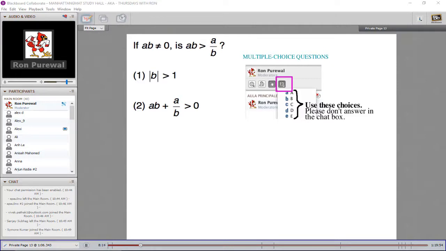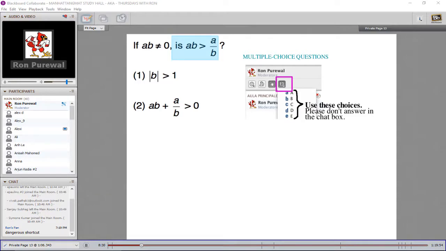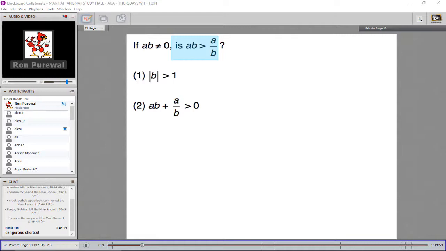Let's talk about it. We've had plenty of previous study hall sessions about the topic of goal setting in data sufficiency, but you have to make sure that you have the right goal, which in this case is that question. Dangerous shortcuts. Not sure what you're talking about, but okay.